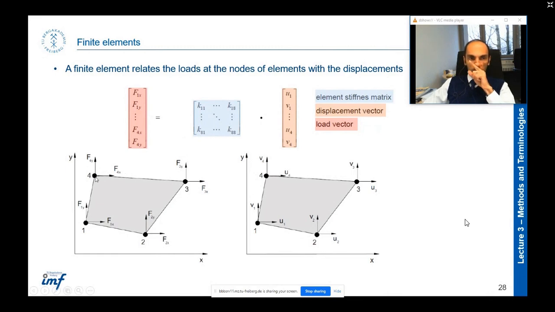For each equation, for each node, you will have an element in the matrix. This is the displacement vector, this is the load vector, and what connects these two is called the stiffness matrix. If you increase the number of nodes and elements, this stiffness matrix becomes bigger and bigger, maybe 1000 by 1000, for example.